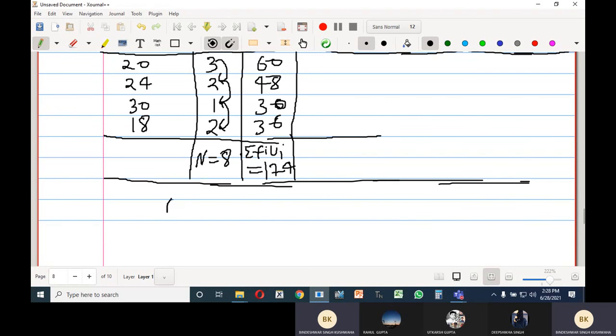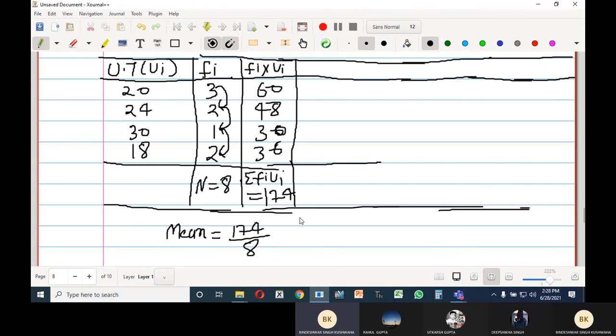So average, you can say the mean, would be 174 upon 8. See that what it is coming. If it is coming in decimal, I will truncate the decimal part. So who will tell me? 21.7. Okay, 21.7.